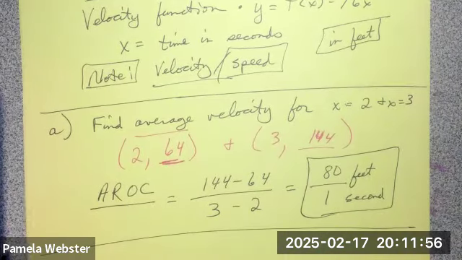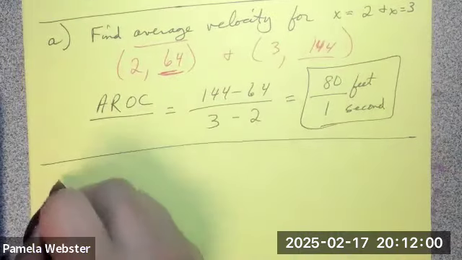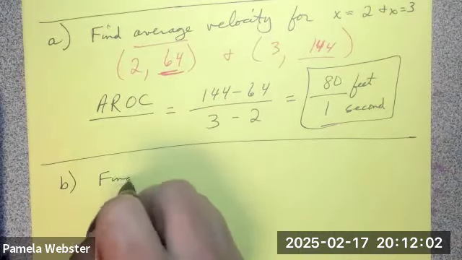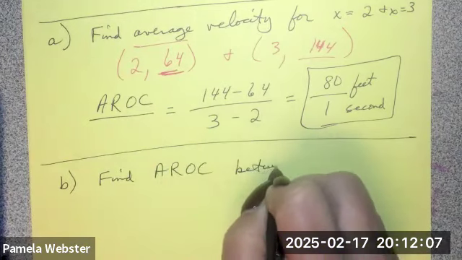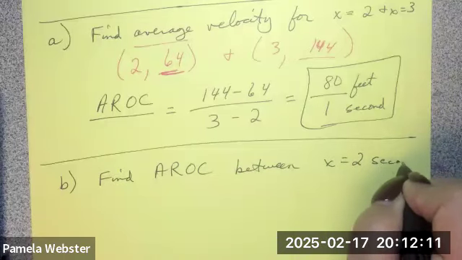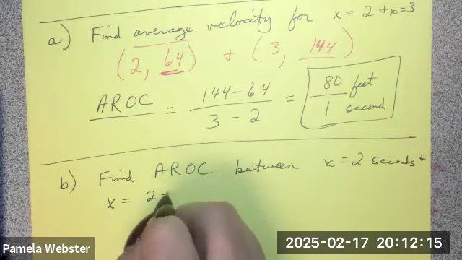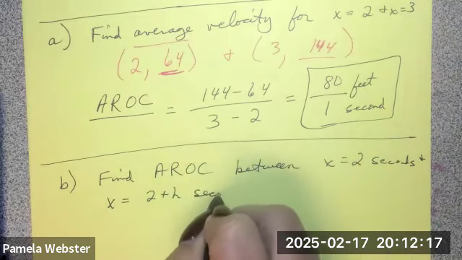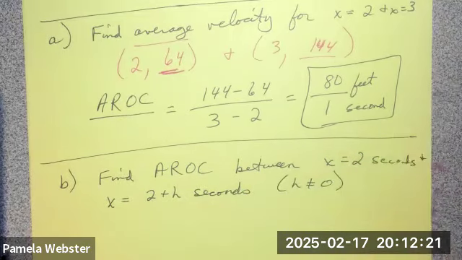Okay, so part B says find the AROC between x equals 2 seconds and x equals 2 plus h seconds. Okay. And they say h can't be 0.